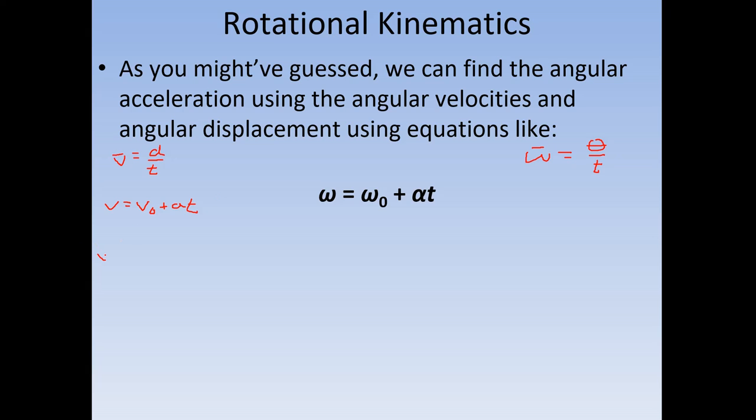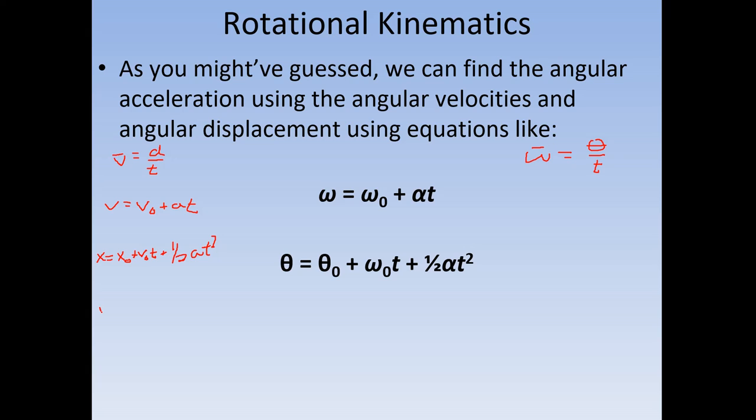We also have the annoying x equation: x equals x naught plus v naught t plus 1/2 at squared. Once again, I could replace the x's with theta, the v with omega, and a with alpha, and I get this: theta equals theta naught plus omega naught t plus 1/2 alpha t squared.